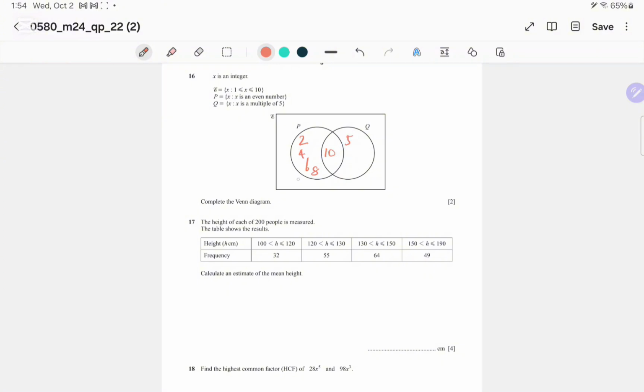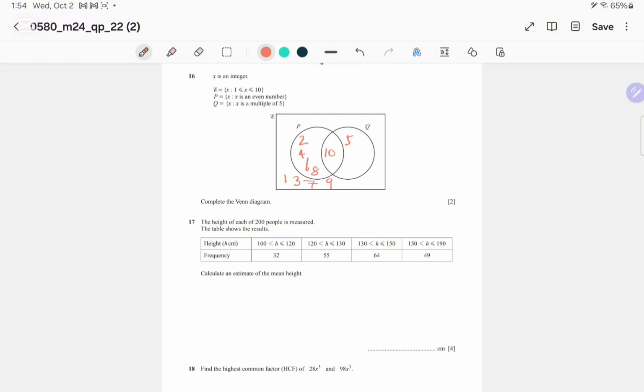So what are the remaining numbers: 1, 3, 7, 9. These are the remaining numbers to be written in the outside part.